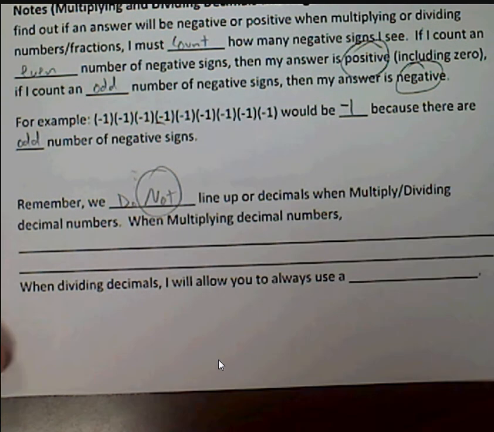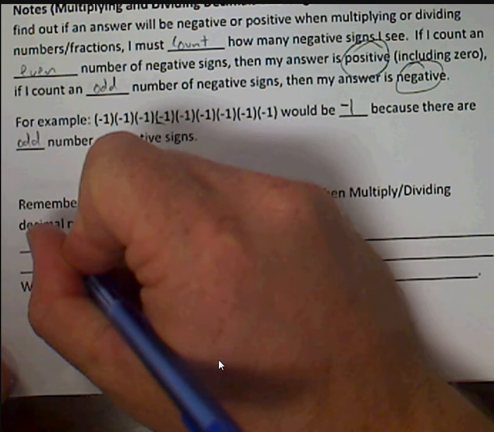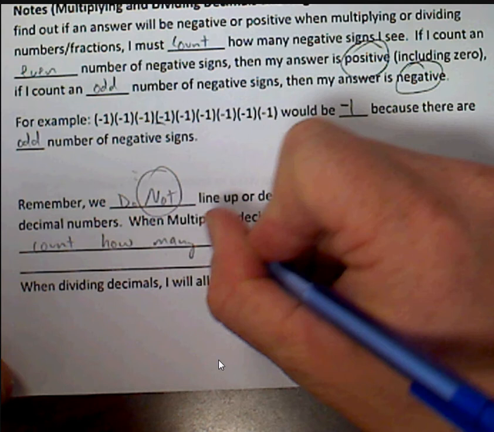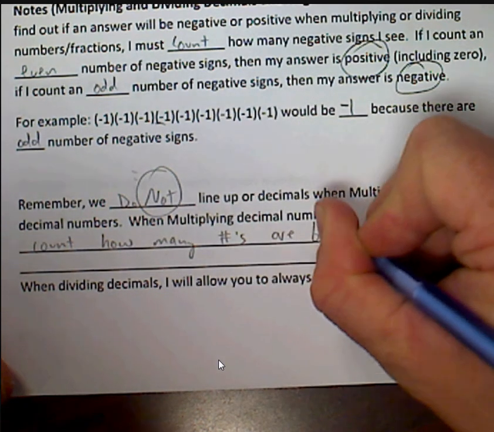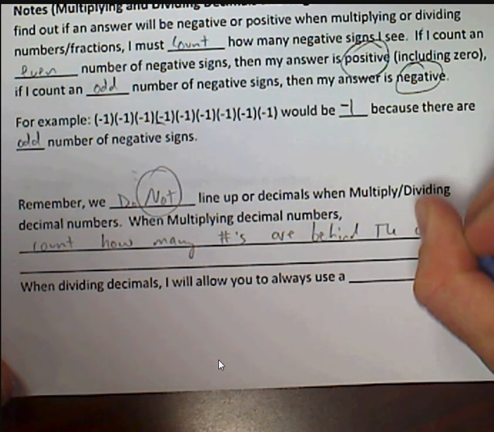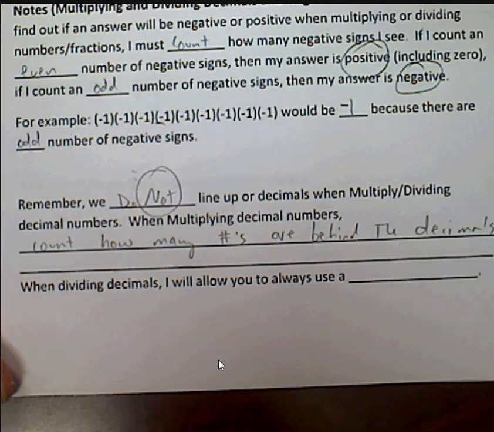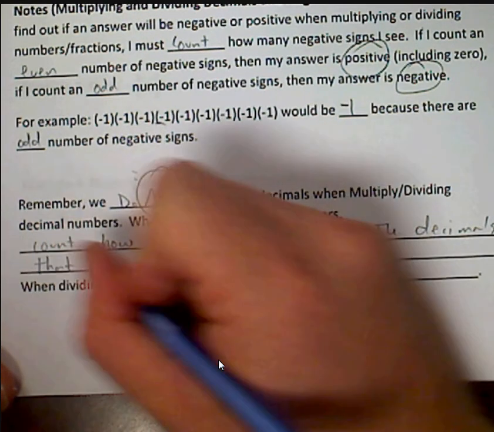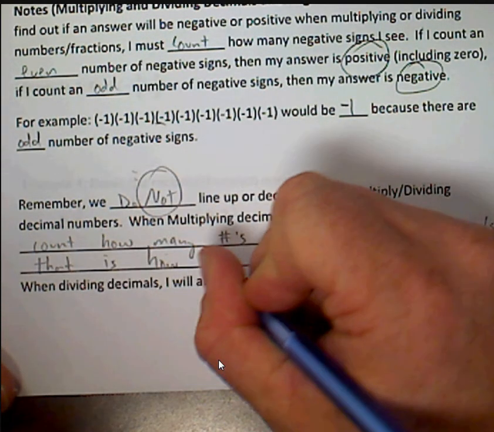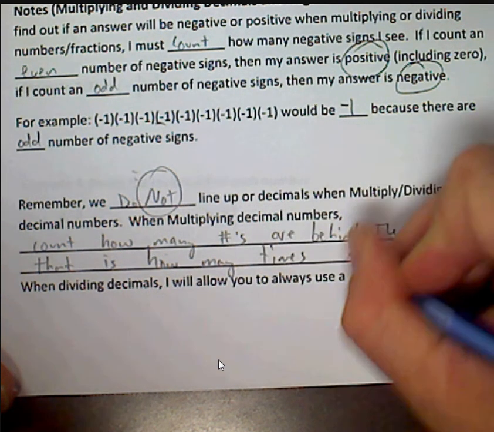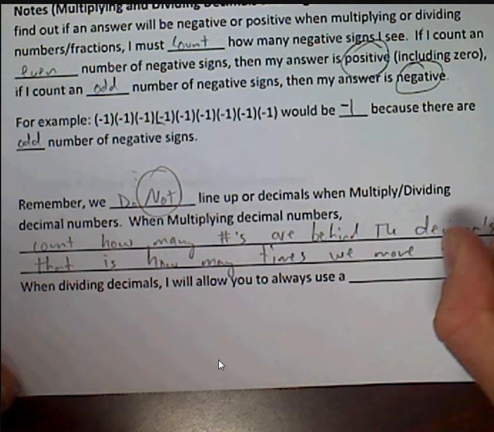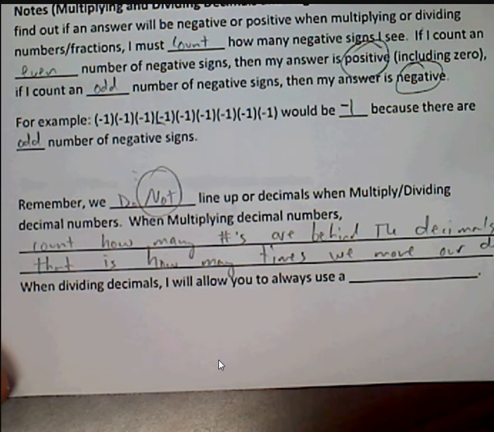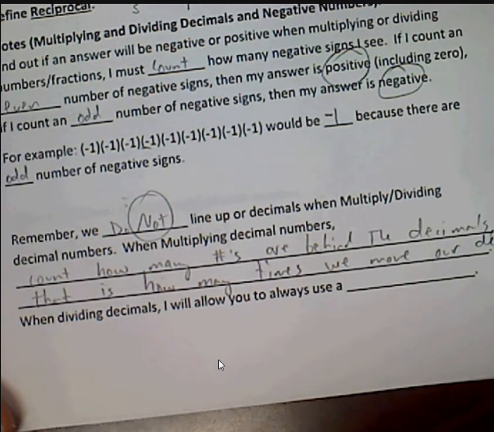When we multiply decimal numbers, we count how many numbers are behind the decimals, and that is how many times we move our decimal at the end.